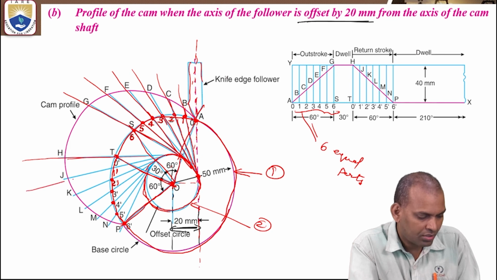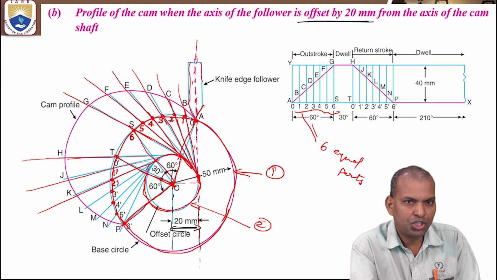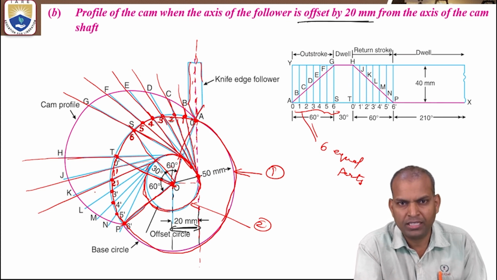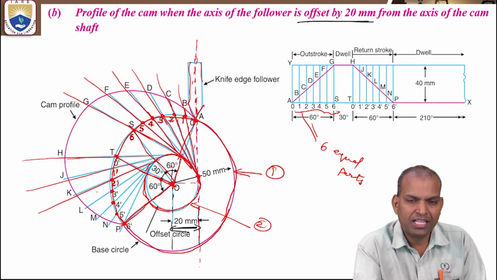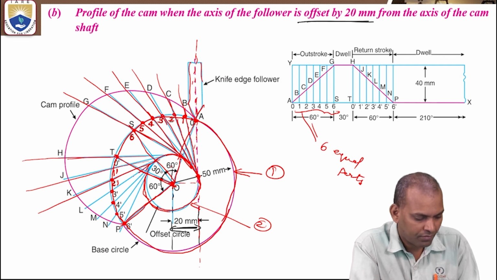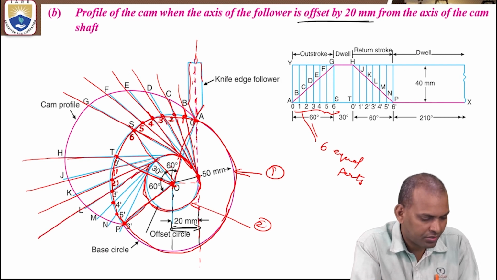Again, 1 dash and so on, through all the lines. These tangential lines pass through the division points of the base circle, and should touch the tangential surface of the offset circle. You have to draw the tangential lines.